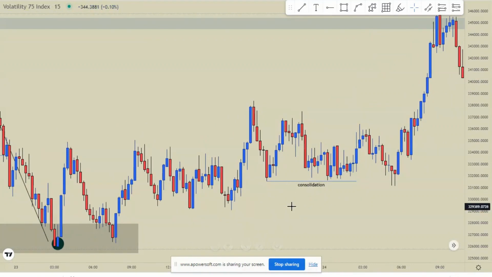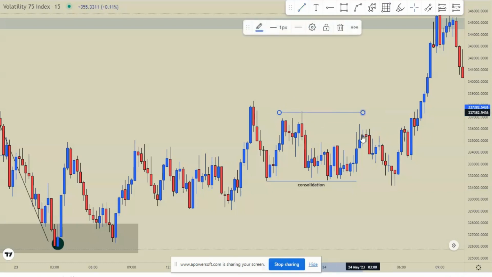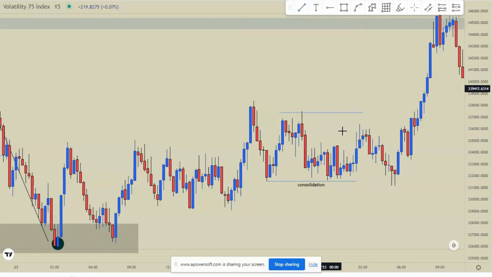And now the last stage is what we call a consolidation. Consolidations are those areas where the market is reacting to supply and demand, whereby supply and demand are equal. This is what I mean. Most of the time consolidations go sideways.